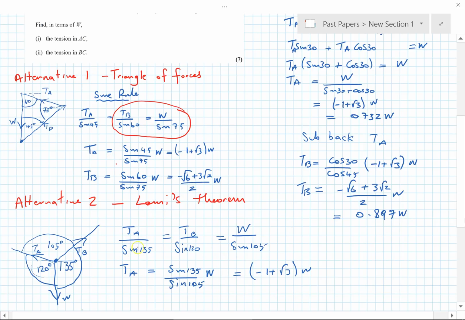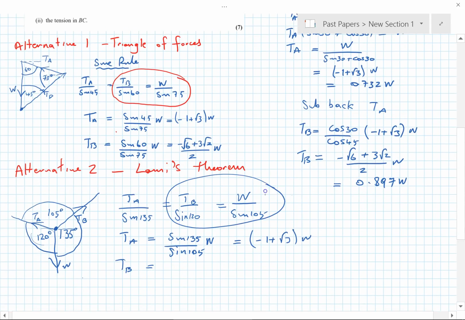So sine 135 divided by sine 105, and TB is equal to, looking at these two, sine 120 over sine 105 times W, which gives me minus the square root of 6 plus 3 the square root of 2 over 2 W, which we had before.